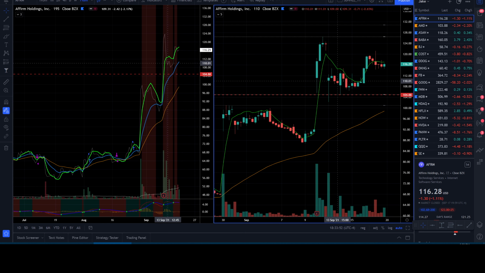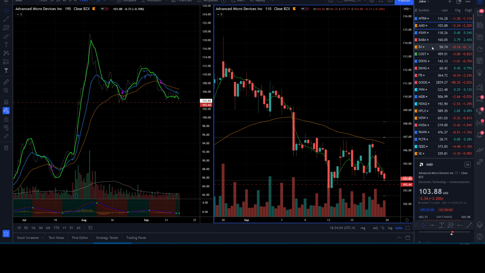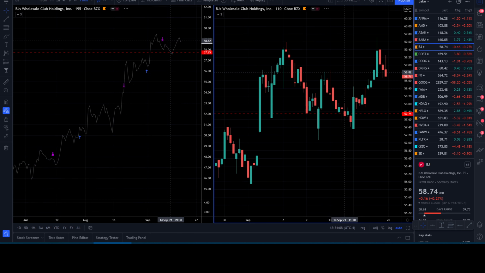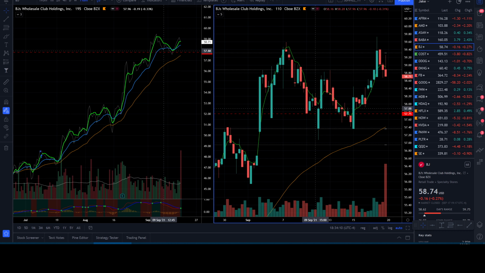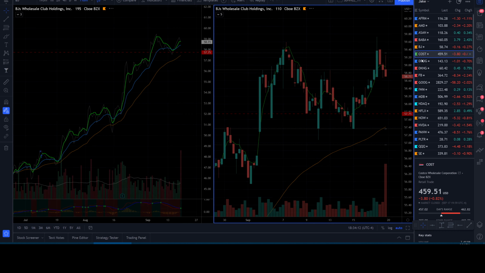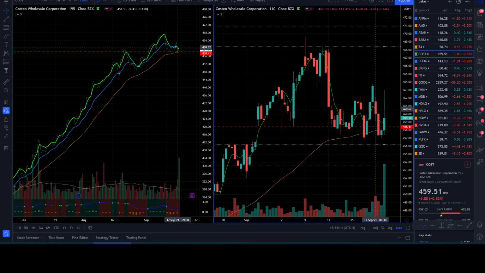3 days might seem very tight, but I still have this space to take a look at it and see if I want to hold it, right? So maybe I'm looking at BJ's or Costco, which has kind of crossed my red line.